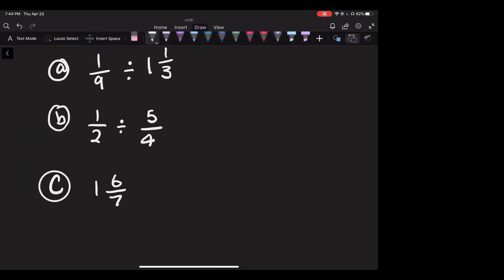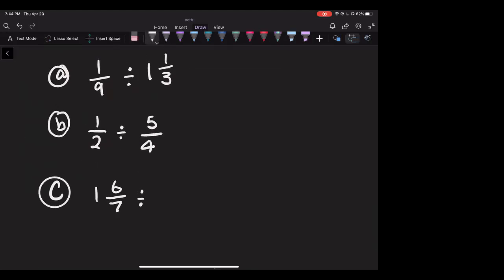First, turn it into an improper fraction and then flip the second one. Okay, those are your 3 questions. Let me know when you're done.